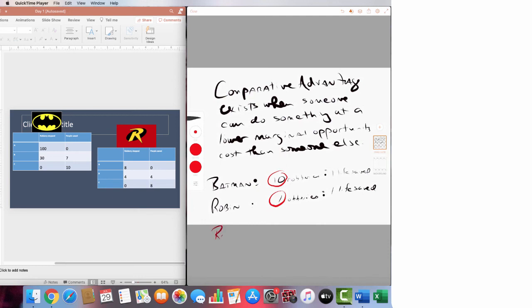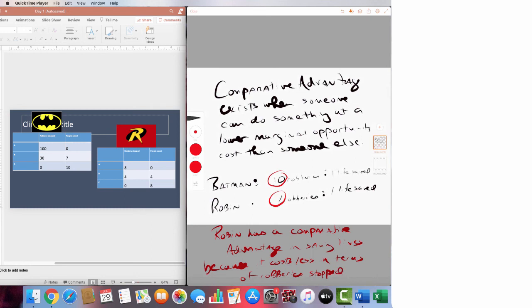So what we say with that is that Robin has a comparative advantage in saving lives because it costs less in terms of robberies stopped.